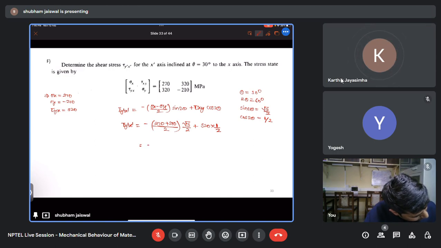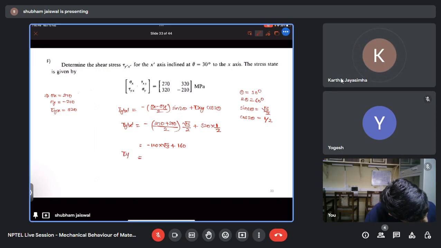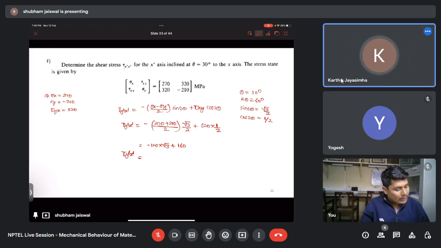So minus 120 into root 3 plus tau xy 320 into 1 by 2, this is 160. So please tell me the tau y prime x prime.